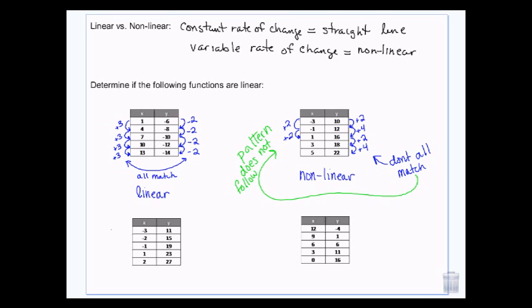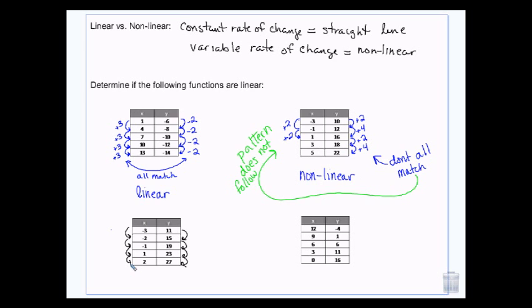Guys, look at this one real quick. And just tell me, looking at these numbers, are these going to all match? Well, 1 and 1, no? Negative 1 plus 1 would be 0.